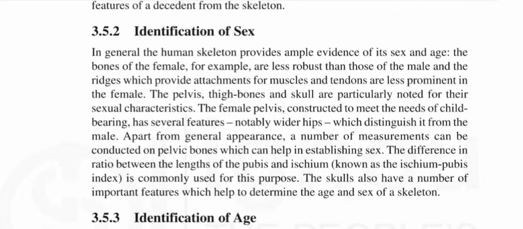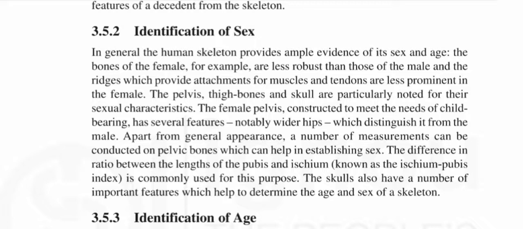Identification of sex. In general, the human skeleton provides ample evidence of its sex and age. The bones of the female, for example, are less robust than those of the male, and the ridges, which provide attachments for muscles and tendons, are less prominent in the female. The pelvis, thigh bones, and skull are particularly noted for their sexual characteristics. The female pelvis, constructed to meet the needs of childbearing, has several features, notably wider hips, which distinguish it from the male.